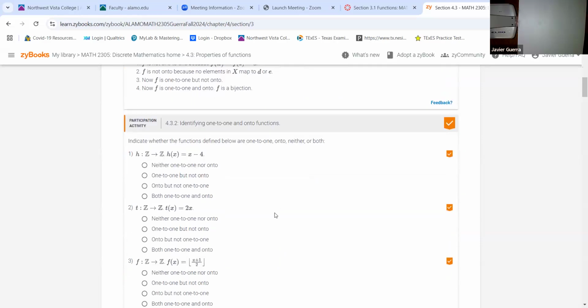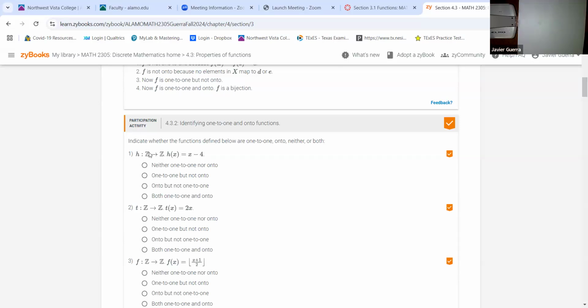Okay. All right, so let's take a look at some of the exercises below. Indicate whether the functions defined below are considered to be one-to-one, onto, neither, or both. Now, be careful and make sure that you understand the rules set forth for the functions, especially when you have a mapping from integers to integers.